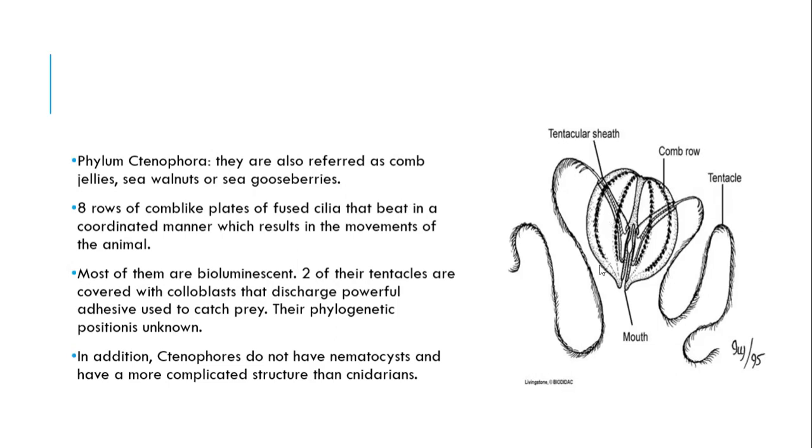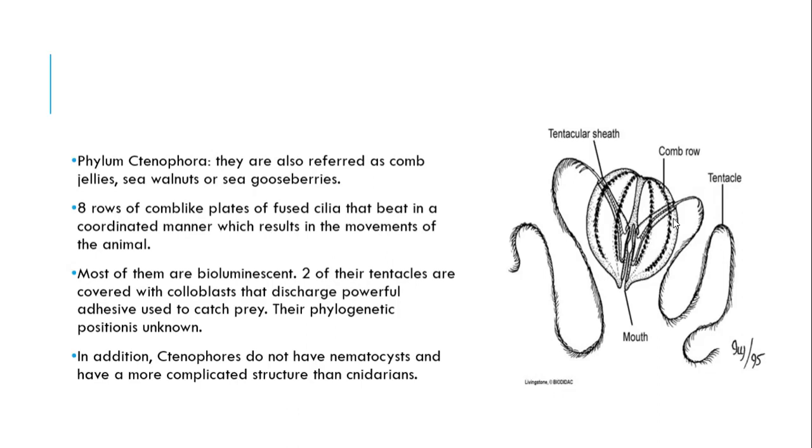It has 8 rows of comb-like plates of fused cilia that help the animal to move, and it has two tentacles covered with colloblasts that discharge a very sticky chemical that allows it to attach to prey, and it is bioluminescent.